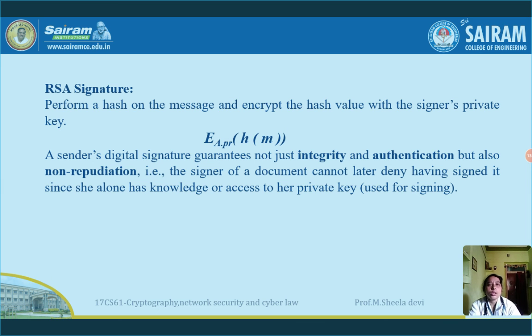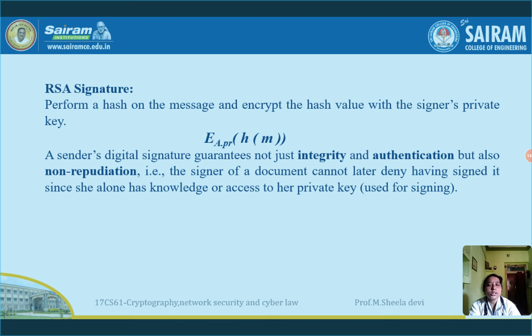So he will take the message, apply hash on it, then check whether the hash value which the sender has sent and whatever he has calculated on the message are the same. If both are the same, then he will conclude that it is sent by the authorized sender. That is, source authentication is done. Then nobody has changed it in between.